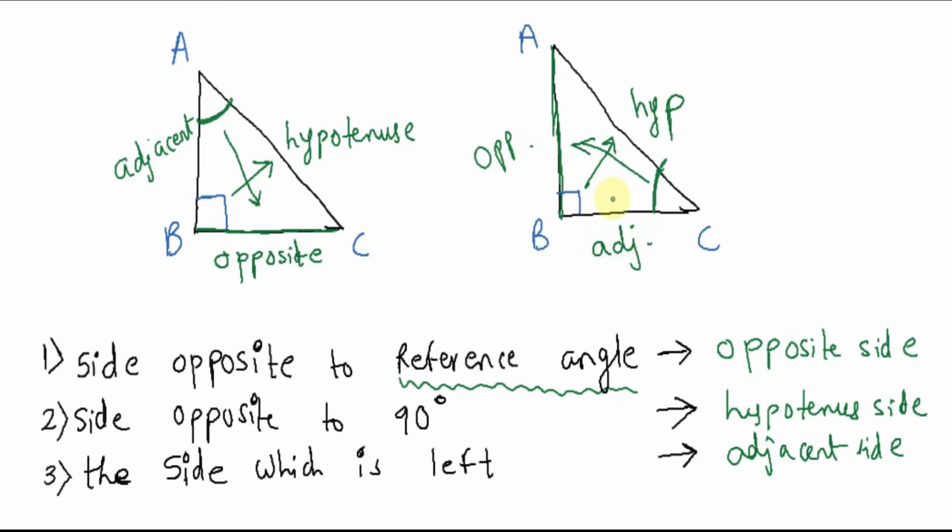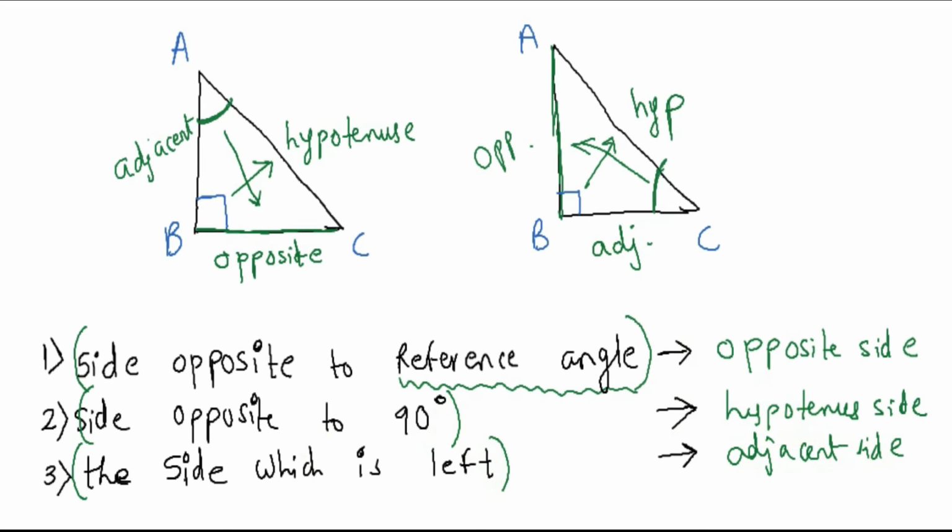The thing to be noted over here is the side opposite to the reference angle is always called the opposite side. The side opposite to 90 degrees is always called the hypotenuse, and the third side which is left after identifying the first two is called the adjacent side.